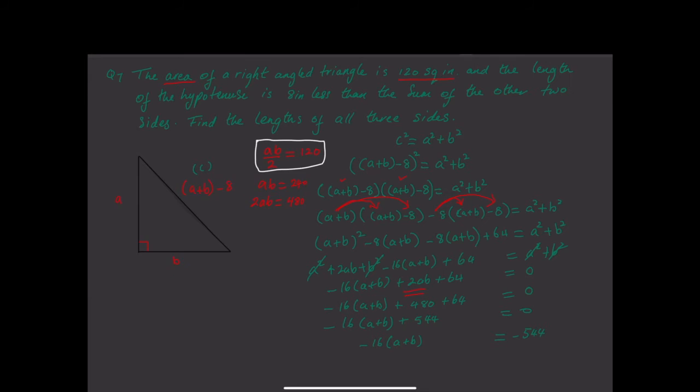We now divide both sides by minus 16, so we get that A plus B is equal to minus 544 divided by negative 16.